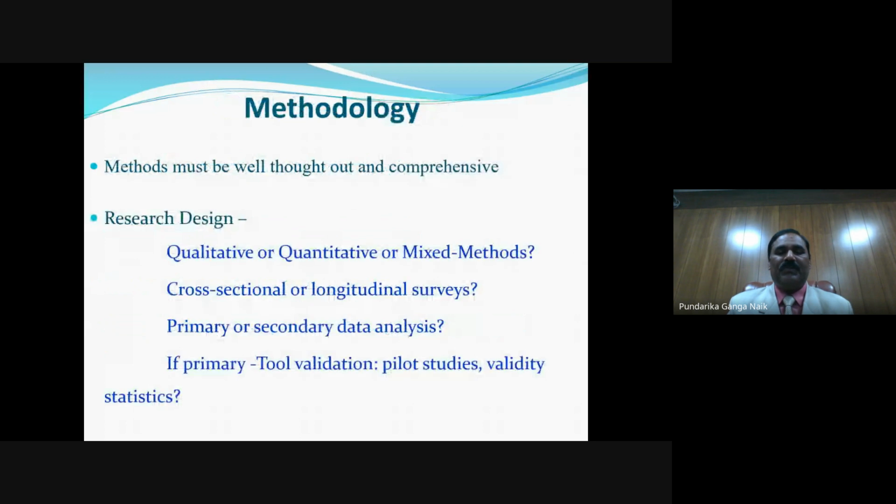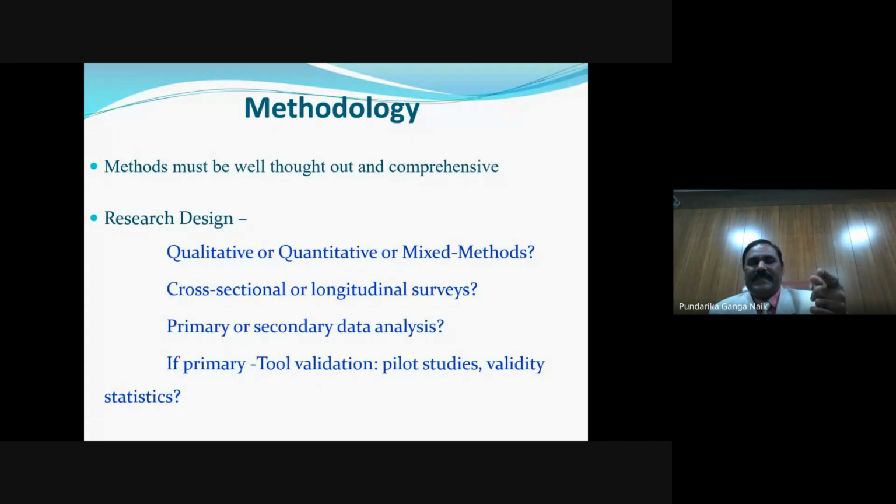State what you are going to do. So when it comes to methodology, what you propose in the research could be based on qualitative, quantitative or mixed methods, cross-sectional or longitudinal surveys. These are the standard methods which are available in the literature.